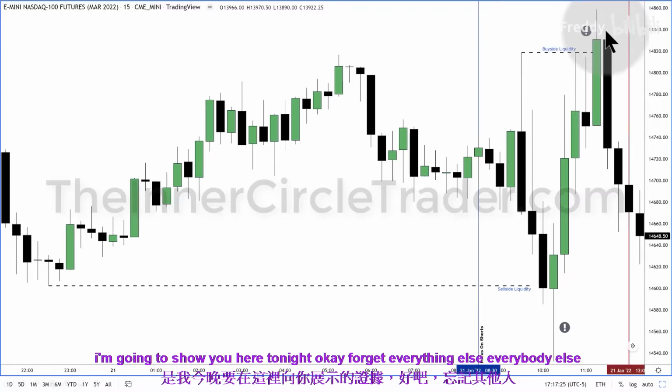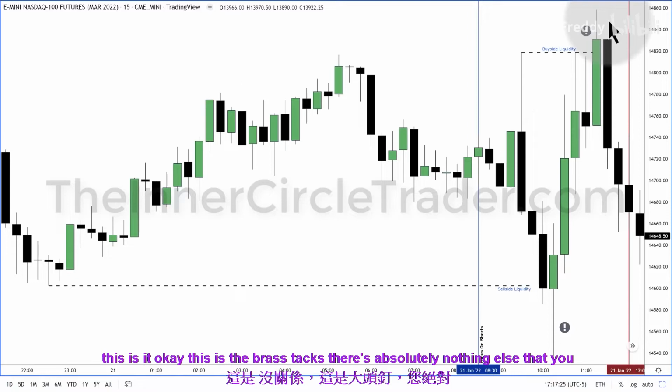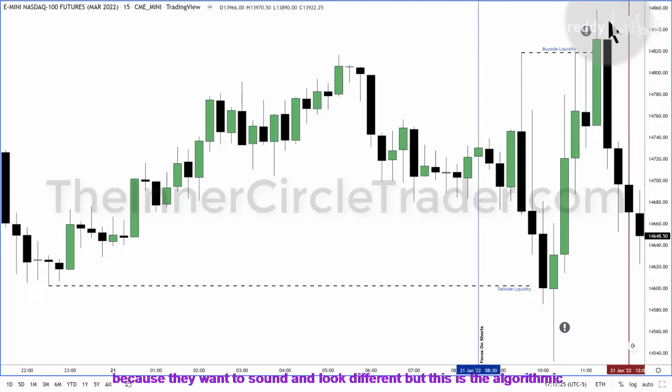What you're looking for is the evidence I'm going to show you here tonight. Forget everything else everybody else says about market structure breaks and shifts and all that stuff. This is it. This is the brass tacks. There's absolutely nothing else that you need to know about it. I promise you. If they add anything to it, it's just because they want to sound and look different. But this is the algorithmic perspective of a market structure shift intraday.